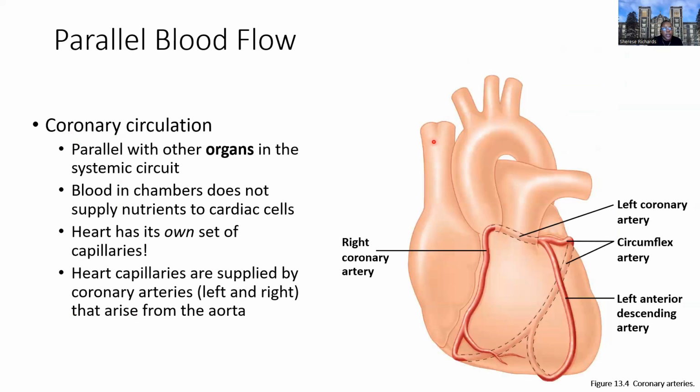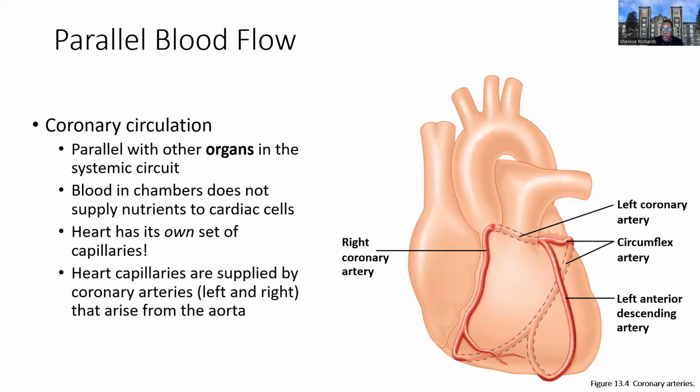Let's think about the coronary circulation. Because the heart is, I usually refer to this as the heart being very selfish. It just takes its own supply to supply its muscles, its chambers, its valves. It's going to take that right from the aorta at the base of the ascending aorta leading to the arch.